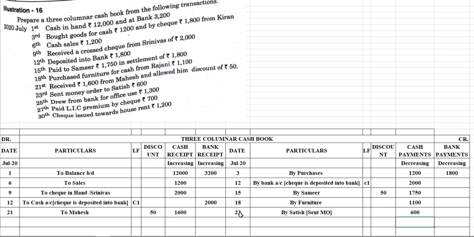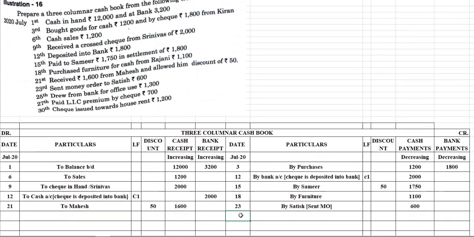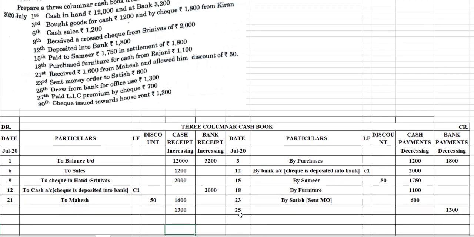Next, 25th, drew from bank for office use. For office use, the amount is deducted from the bank account. Decreasing from the bank account, how much? 1,300 rupees is decreasing. Whereas on the same date in cash, 1,300 rupees is increasing. If you observe, on the same date, 25th.